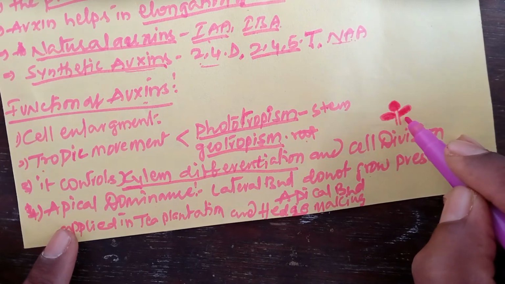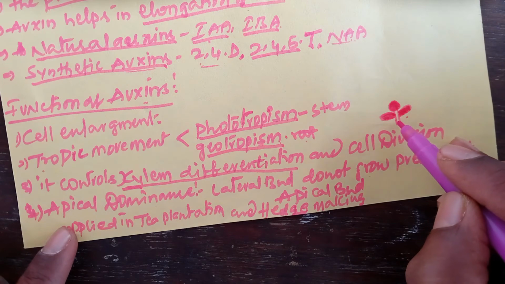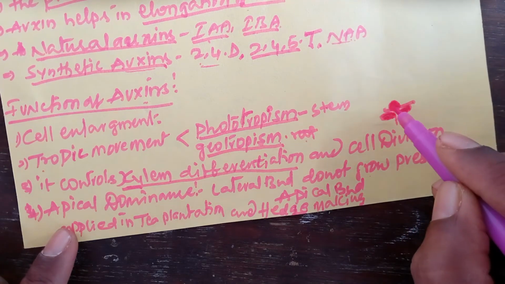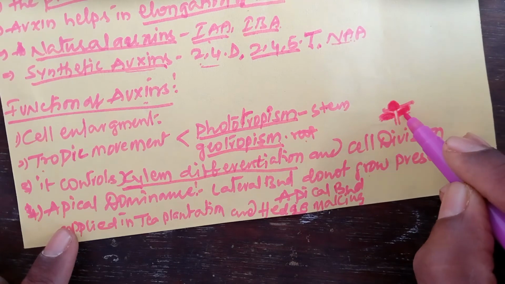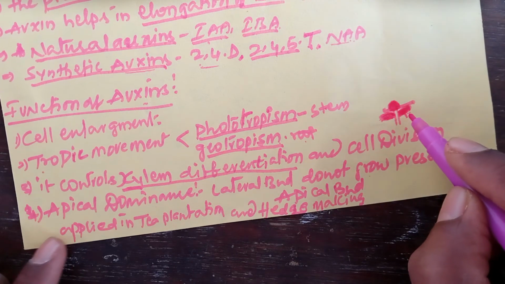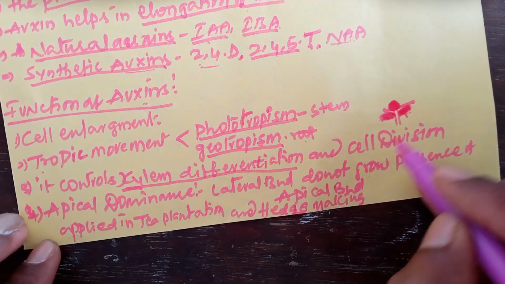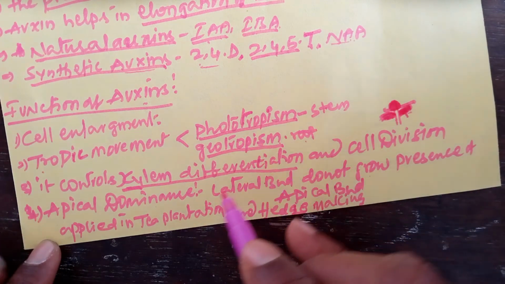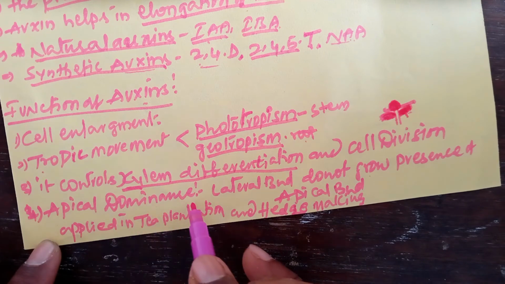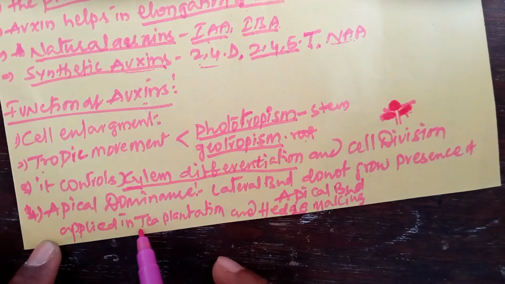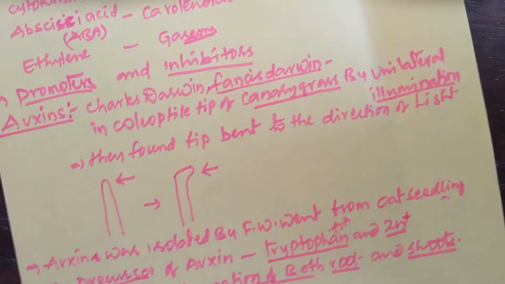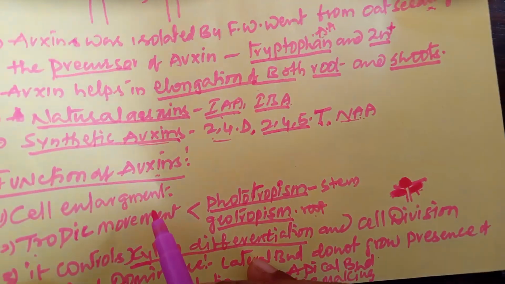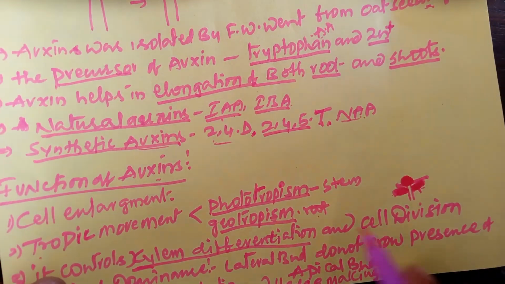This condition is called apical dominance. If you cut the apical bud, growth takes place in the lateral buds. These are the different types of functions, and apical dominance is mainly applied in tea plantation and also hedge making. In some border plants, by the hedge making method, we use auxins.